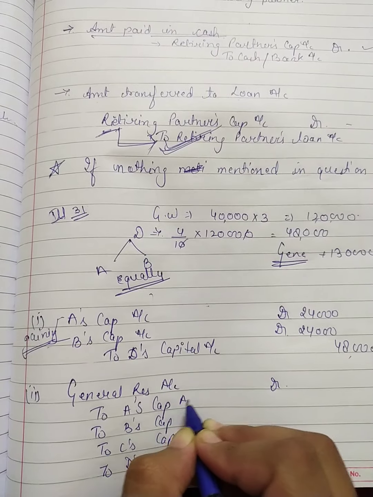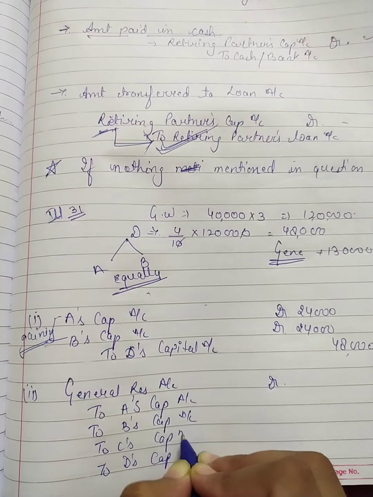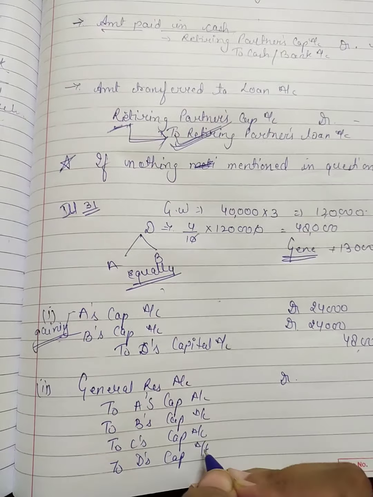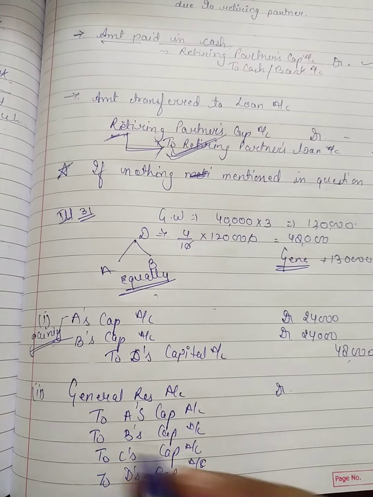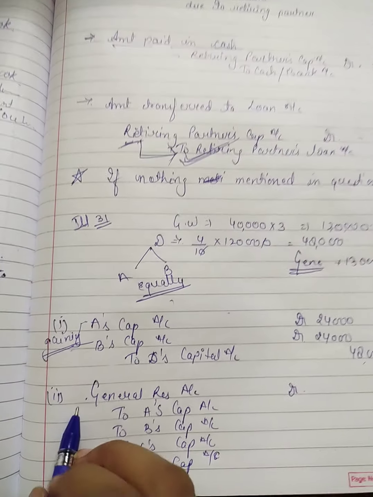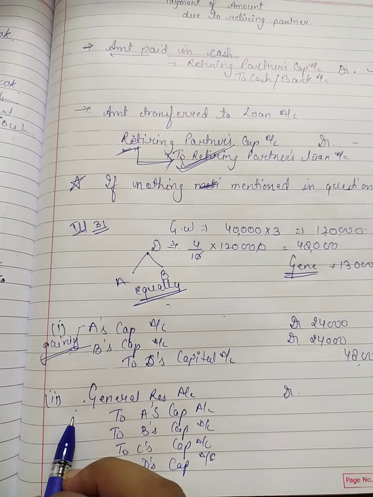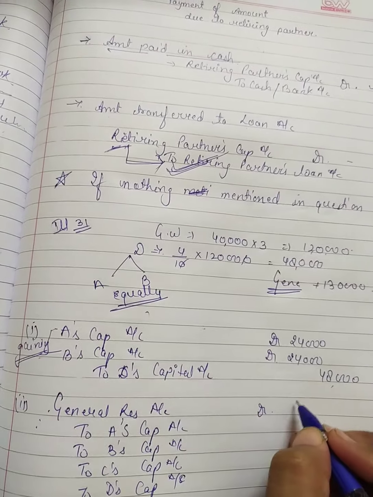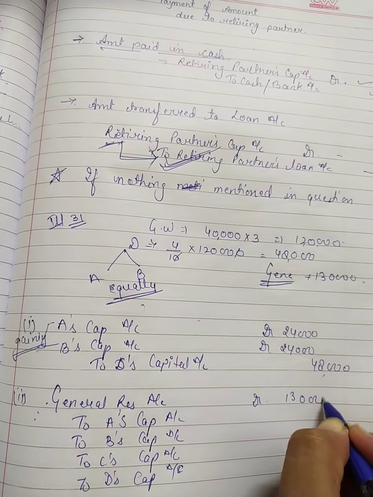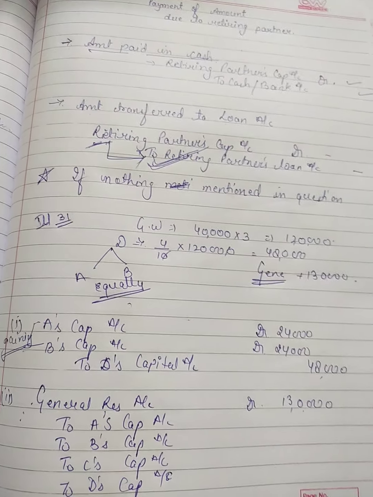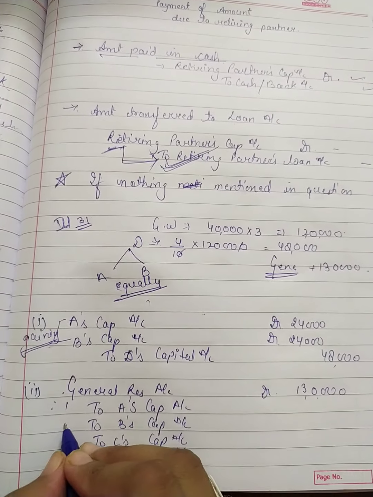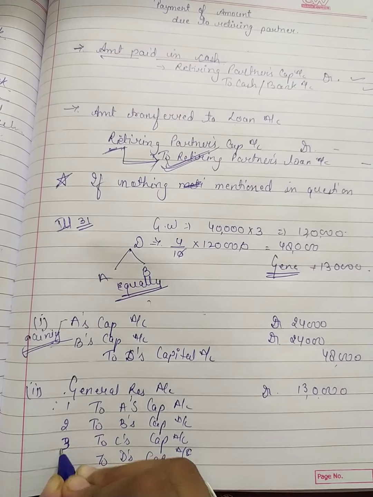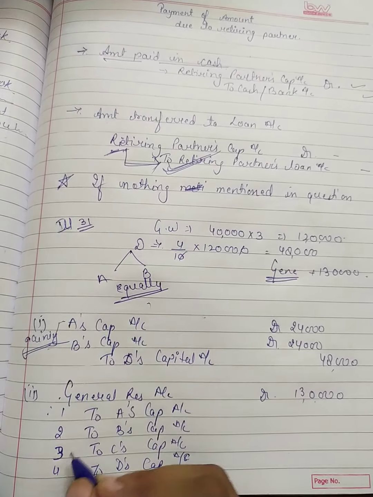So students, as we have learned from the earlier classes, that general reserve or any profit is distributed among all the partners. So 4 partners we have, and we have the balance as rupees 1,30,000. So that has been distributed in 1:2:3:4.